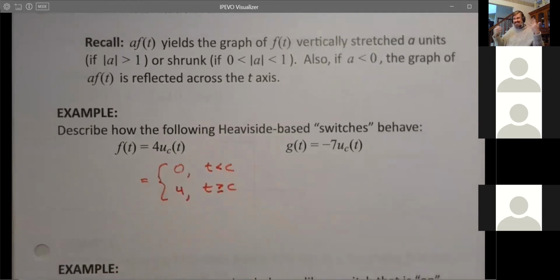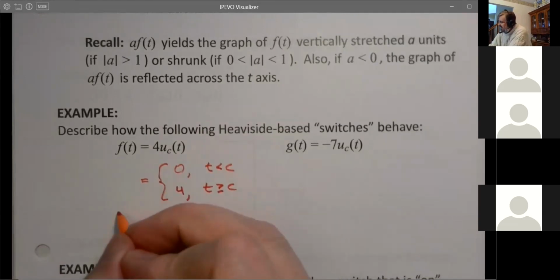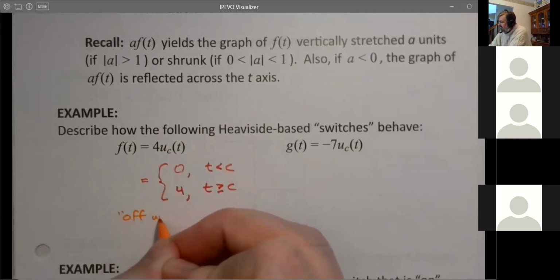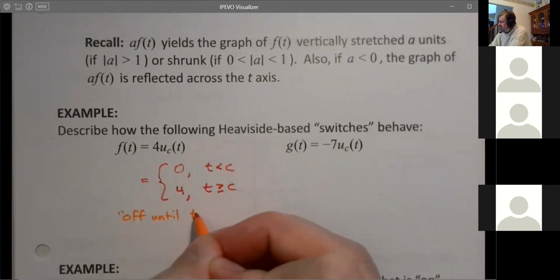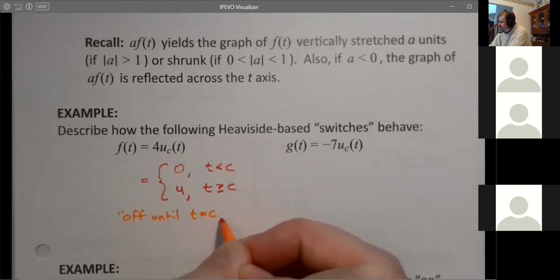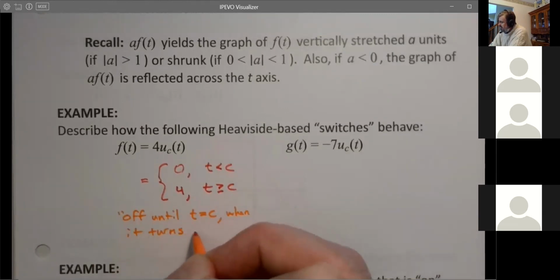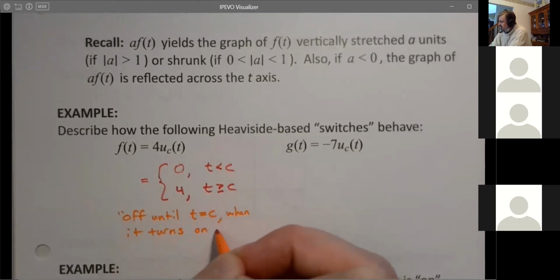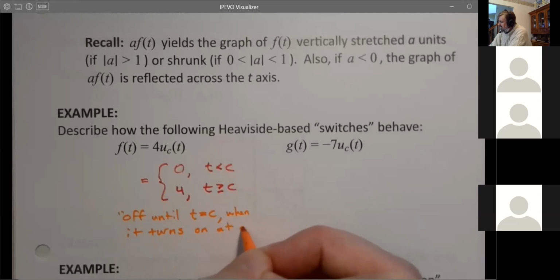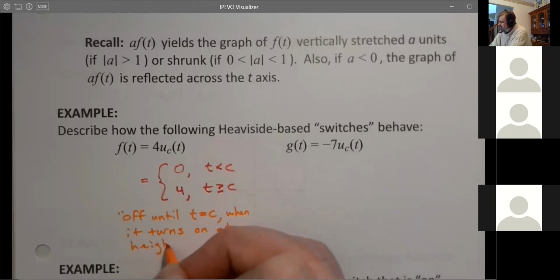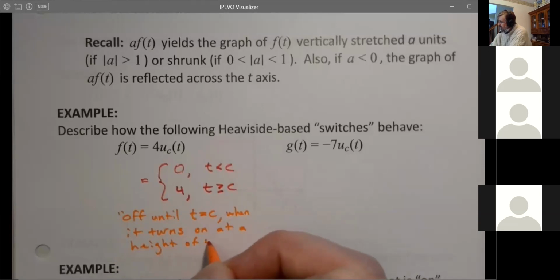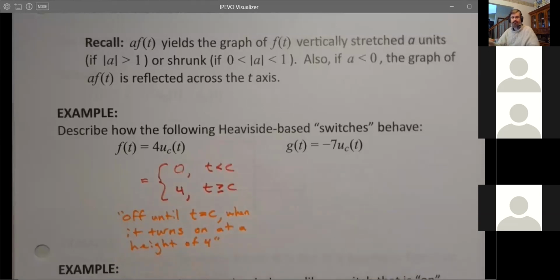Right? And so you might say this if you were reading the graph out loud. You would say it's off until t equals c when it turns on at a height of 4. Right?